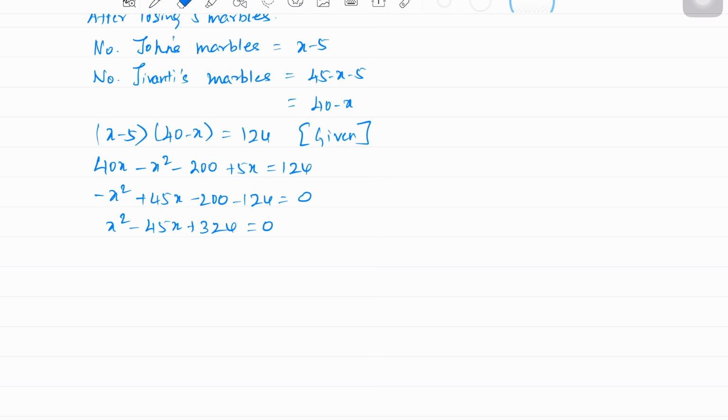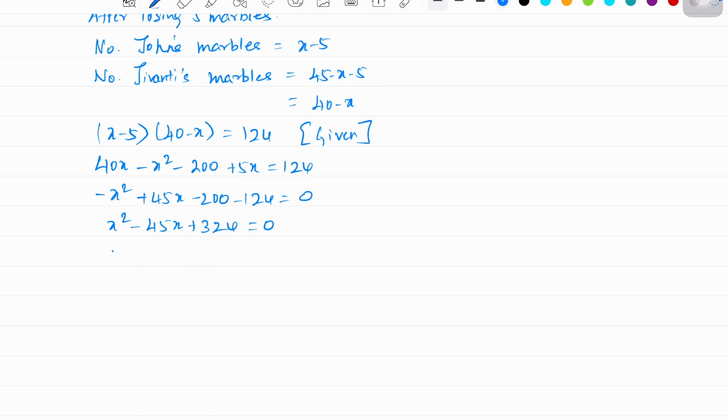So let's split negative 45 so that on adding it will give negative 45, and on multiplication it will give 324. So how can we split this? This is nothing but 36 into 9. So this will be x squared minus 36x minus 9x plus 324 equals 0. So negative 36 and negative 9 will give negative 45.